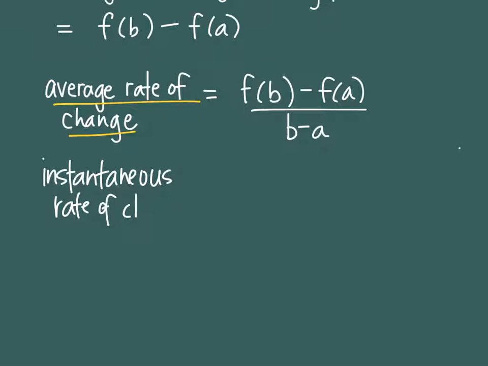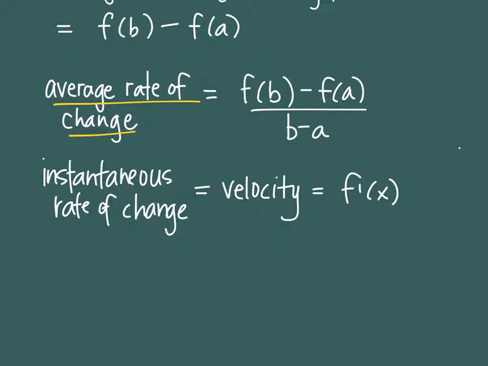That in physics is what we call velocity. So you need to very clearly know the difference between average and instantaneous, because they're going to be two different things. And of course, the formula for velocity is going to be f prime. The derivative will give you the value of the velocity.